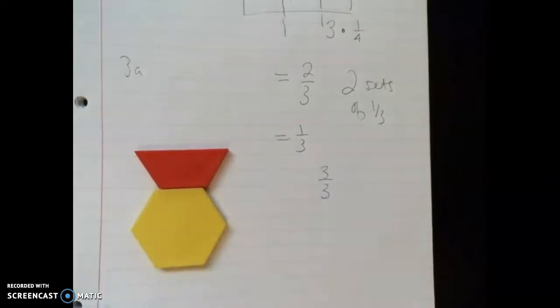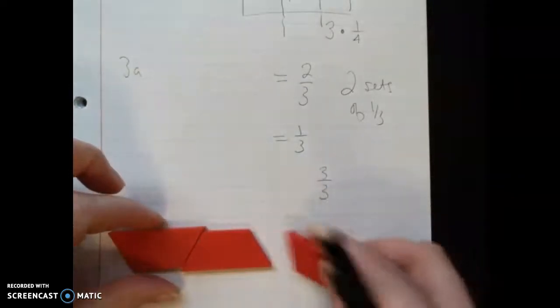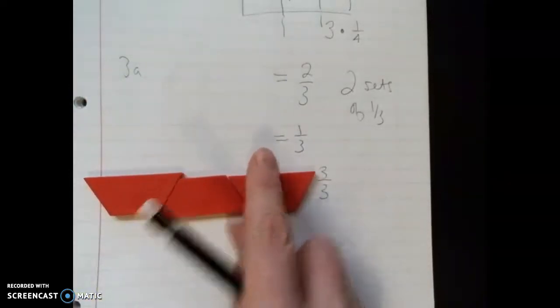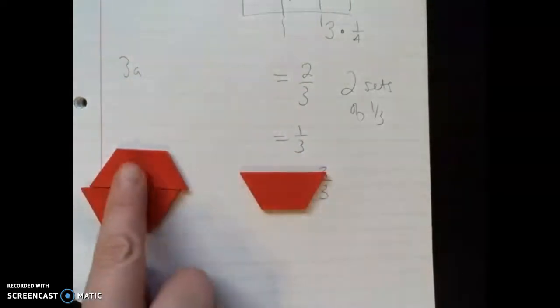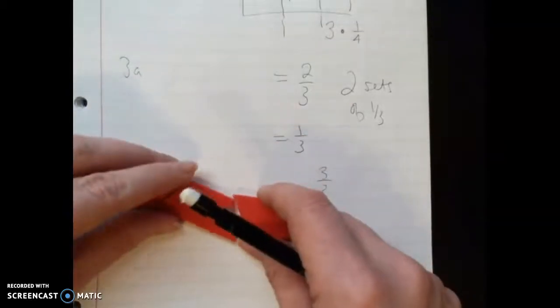That would be totally legal, totally okay. The other thing I could do is make a design like that, because these 2 together make my 2/3, and this makes 1/3. So this design would also be 1/3.